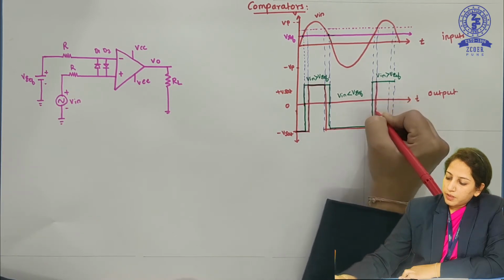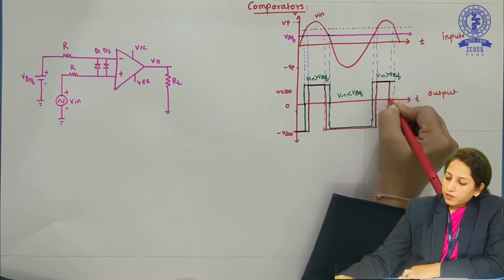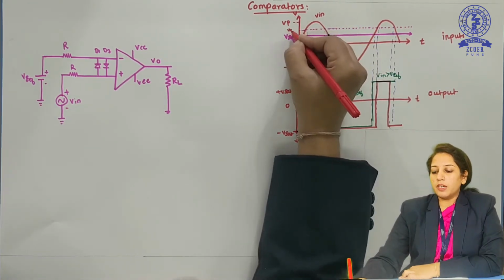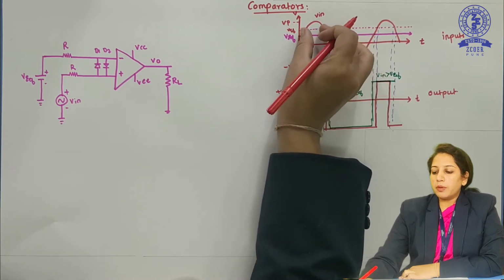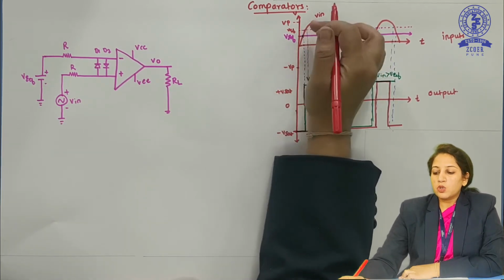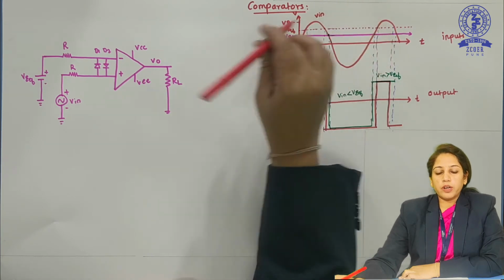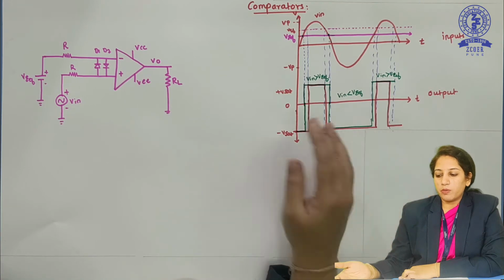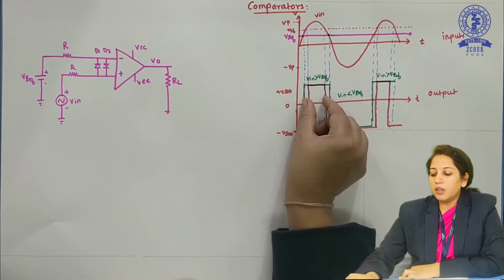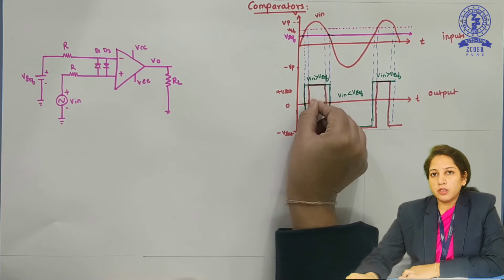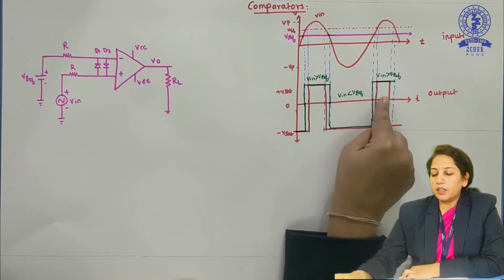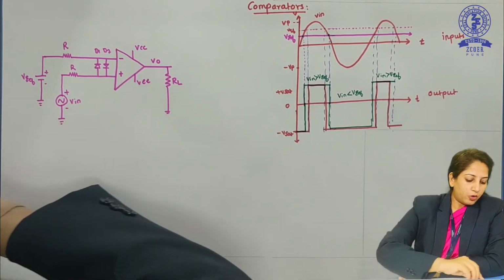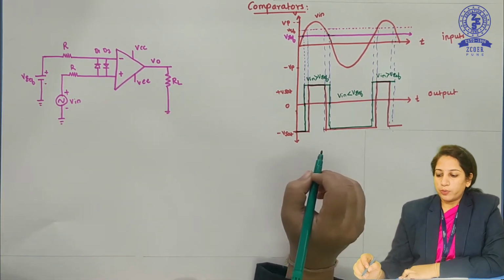I have shown it in the same diagram only, so don't get confused. So what will happen? If my V reference increases again, then my width will go on decreasing. Suppose my V reference increases more and more, it will still give a proper square wave, but the positive width will get cut off, and we will get a simple DC voltage in the output.